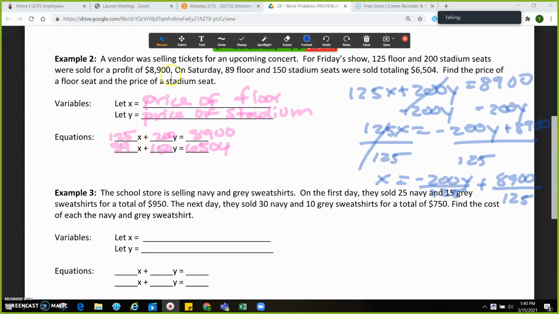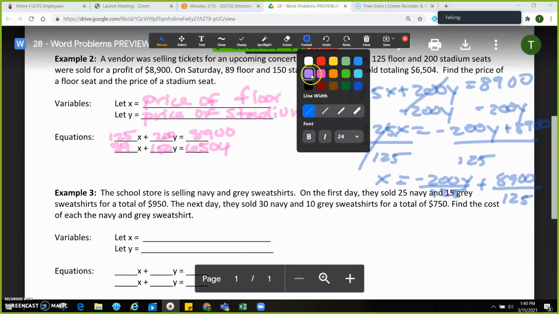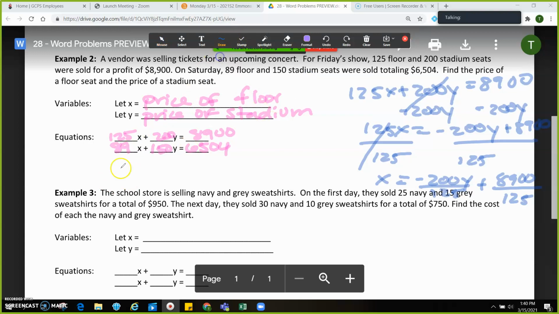So that's going to give us 89 times (negative 200y divided by 125 plus 8,900 divided by 125). Oh, that parentheses should be all the way around here. Sorry. Plus 150y equals 6,504. Okay. So now we actually gotta simplify some of this because otherwise this is real messy.